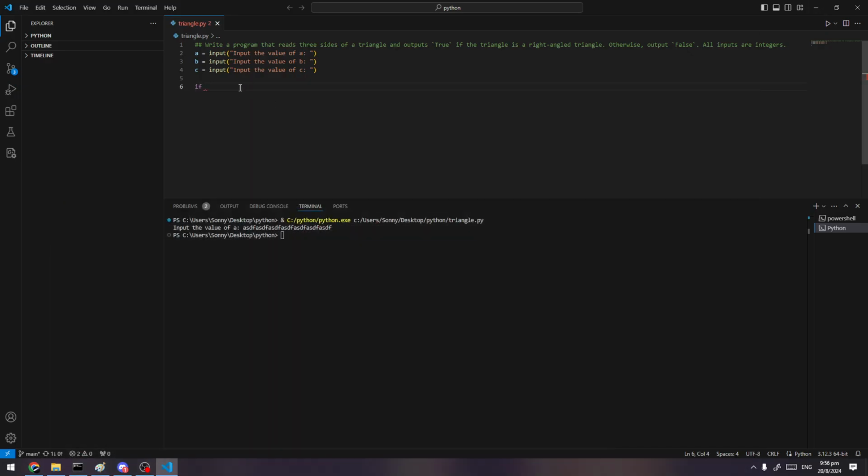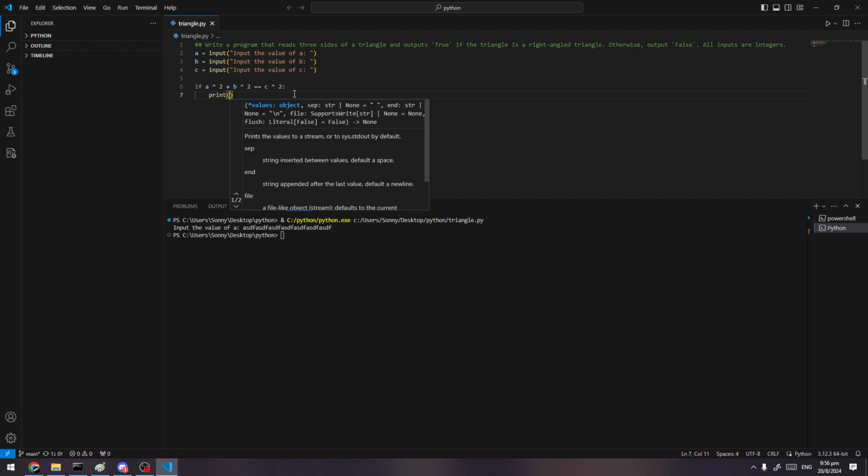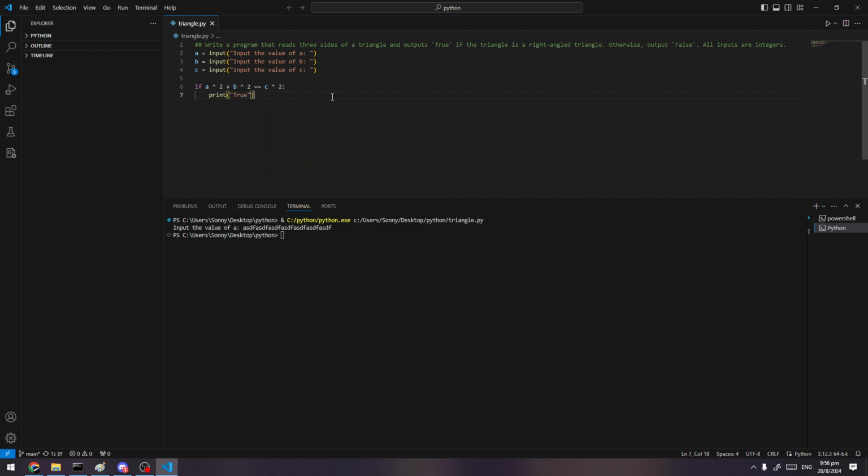So here, if a square plus b square equals c square, and remember to put a colon here to state that it's a condition in Python. Then you go to the next row and print true.